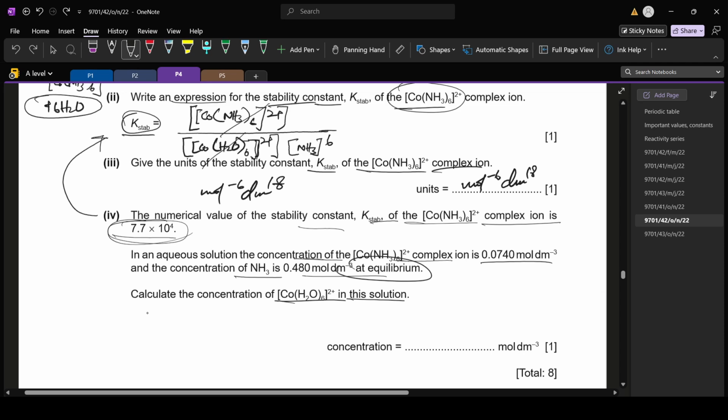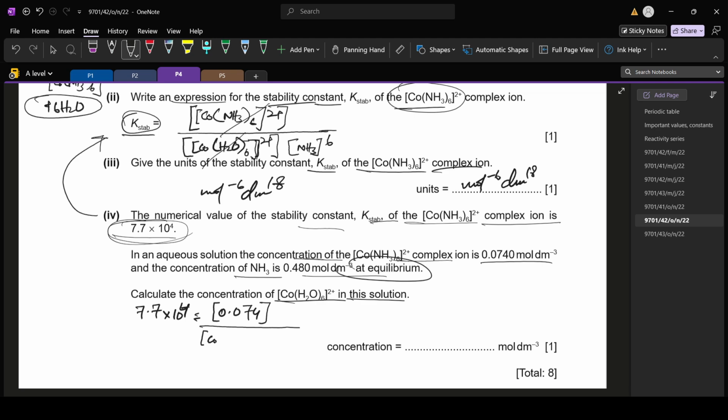So K stability is 7.7 into 10 to the power 4 is equals to, you are given the concentration of complex 0.074. Okay, and now you have to find the concentration of this complex ion.